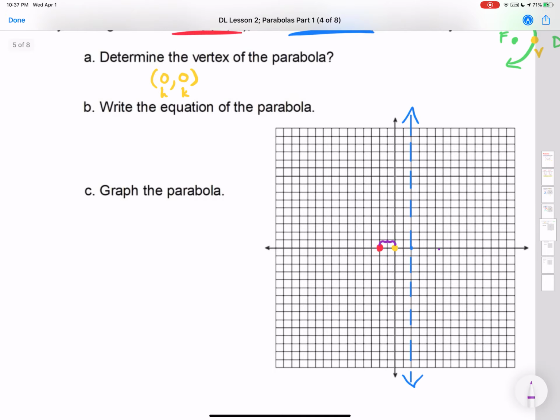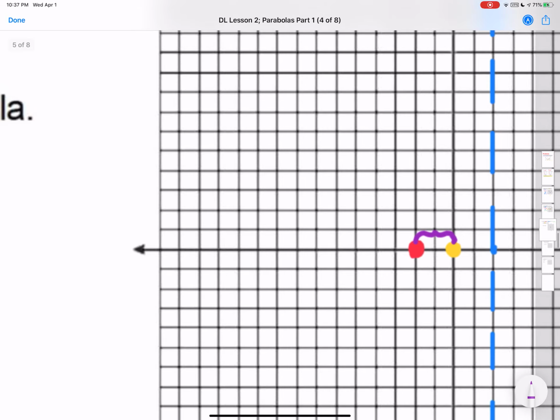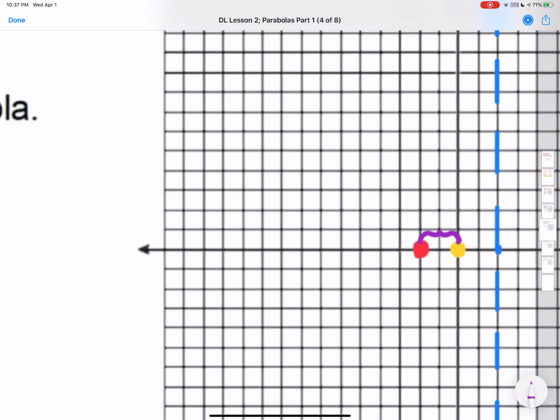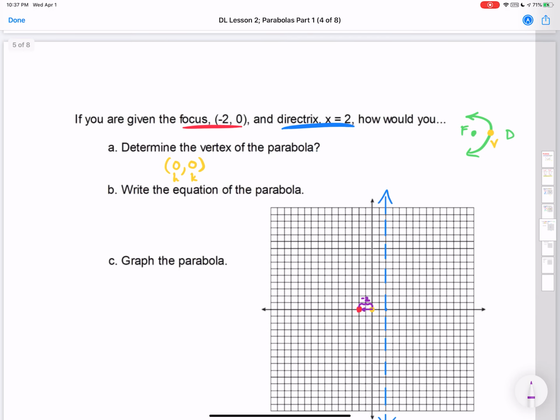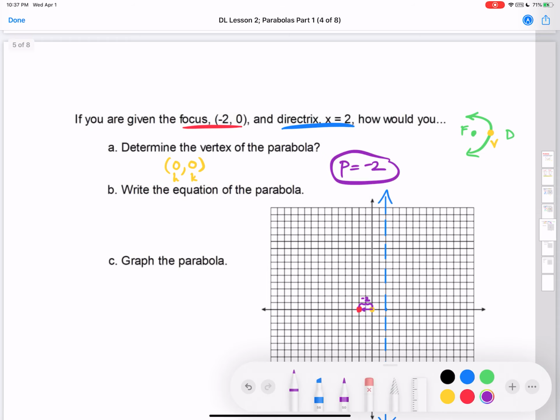And I'm always going to do it to the focus because that's telling me if it's positive or negative. So the distance from the vertex to the focus is going to be -2. So that means p is equal to -2.